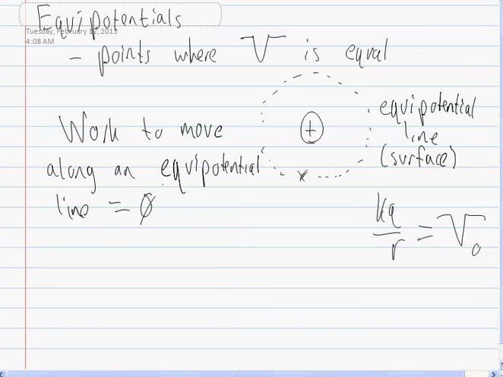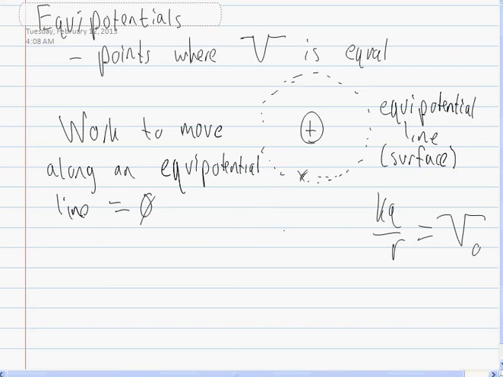So if I can move anywhere along here that I feel like, as long as I don't move any closer or any further, I won't have to do any particular work. Same with a charge. If I put a charge, I can move it anywhere along the equipotential line without requiring additional work. That sort of makes sense. If I move a test charge away, I won't have to do any work.